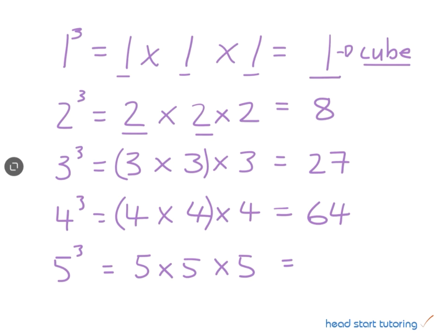Our fifth cube number is equal to 125, because 5 times 5 is 25, and 25 times 5 is 125. So if in a test the question is what are your first 5 cube numbers, your answer will be 1, then 8, 27, 64, and 125.